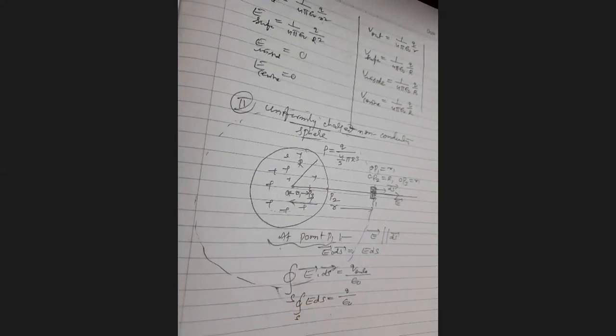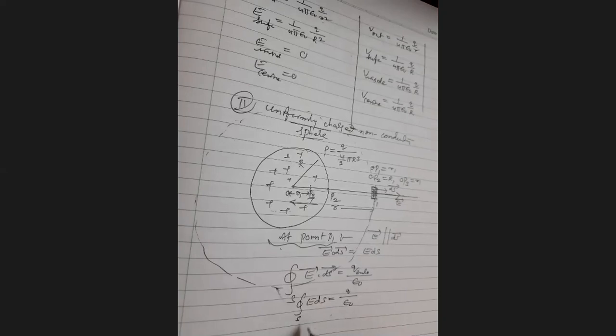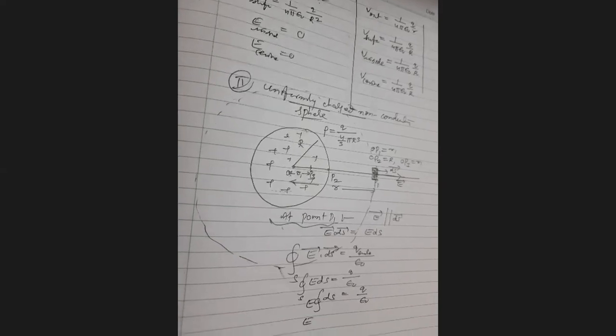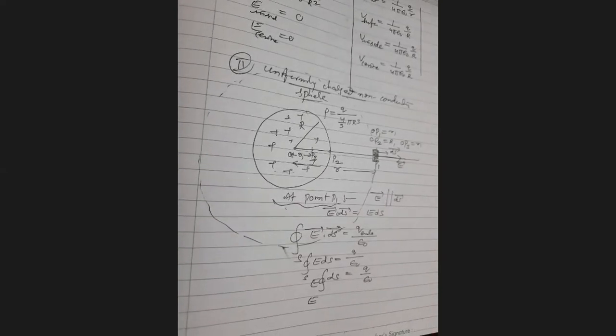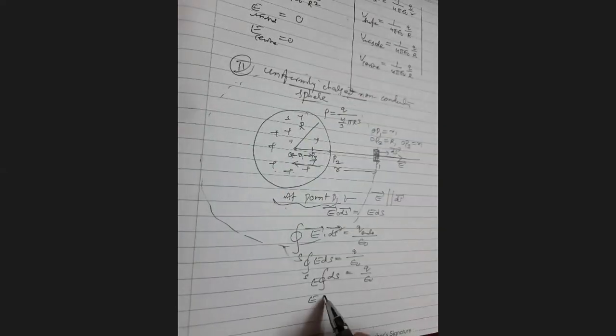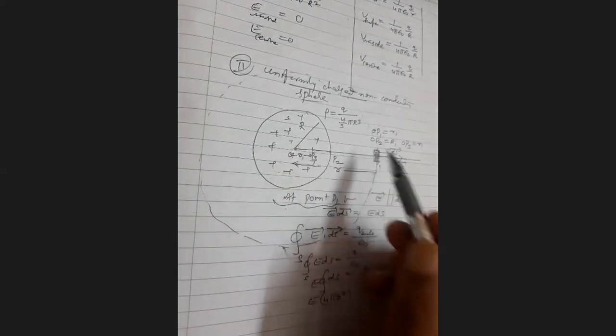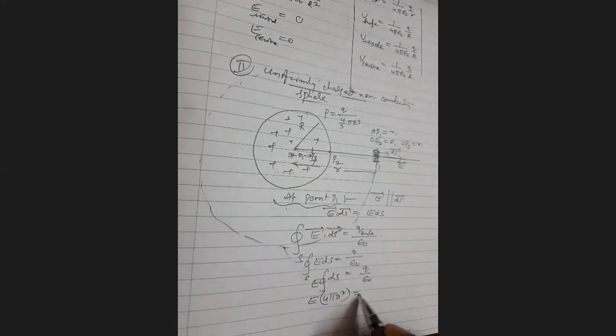Now from this, you write E outside, closed integral dS, equal to Q by epsilon naught. E into what is the total surface area? This is the surface area of this Gaussian surface. That would be 4 pi r square, because OP1 equals R, equal to Q by epsilon naught.